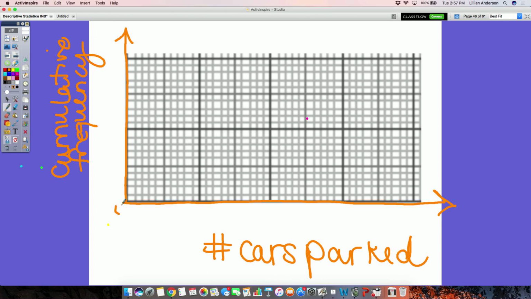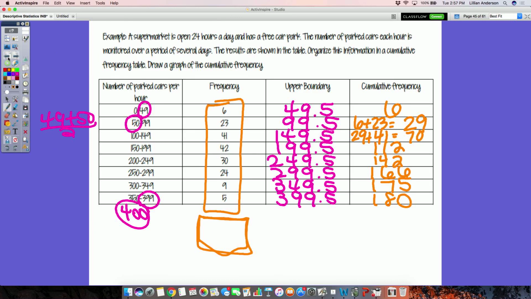Yes, this is going to be 0. But how should we label our x-axis? This is centimeter paper, so every 5 lines is 1 centimeter. I hear 5s, I hear 50s. If you look at your data, your x's have to go all the way up to basically 399.